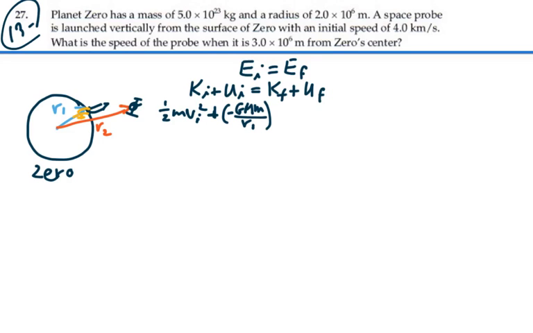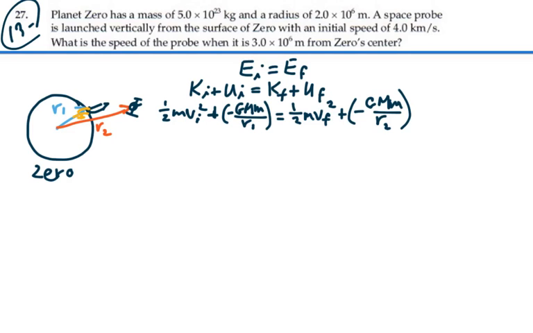It's not a stable orbit, so it's simply stationary gravitational binding. That's going to equal 1/2 mass times our final velocity squared plus, and then again we just have stationary binding at that point, negative GMm over r2.